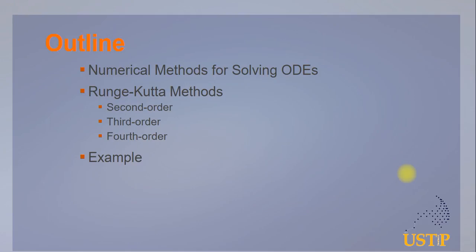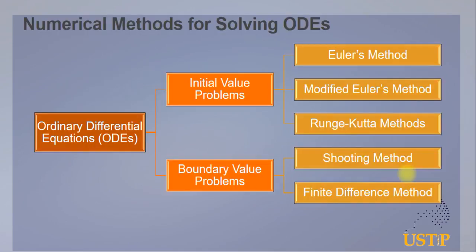In Runge-Kutta methods, we have three orders to consider: first the second order, then the third order, then the fourth order. As discussed earlier, these are all numerical methods involved in solving ODEs. At this time we will be discussing the Runge-Kutta.